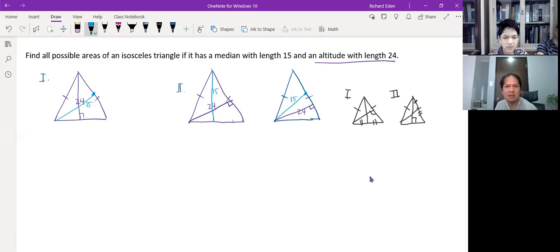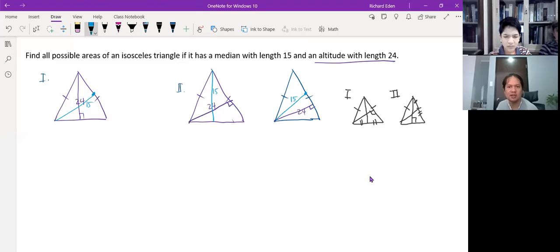Okay, but the last triangle that I drew, is that reasonable? Is that possible?